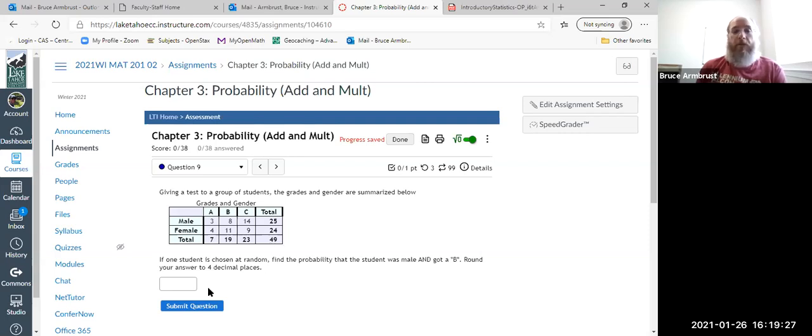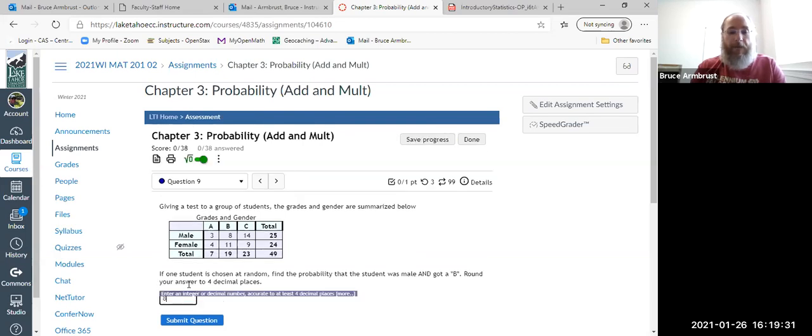It says it needs it as a decimal, so I'm going to take 8 and divide by 49, because there were 8 students who are male and got a B out of the total 49.